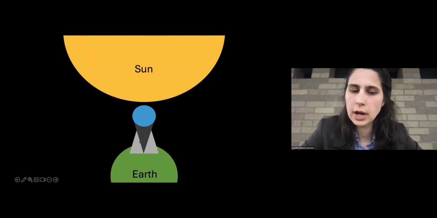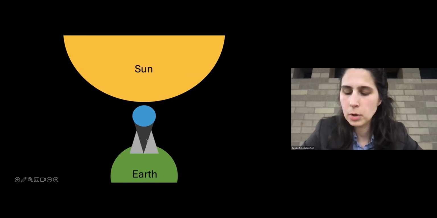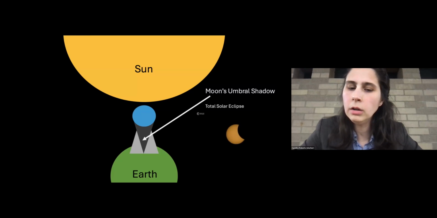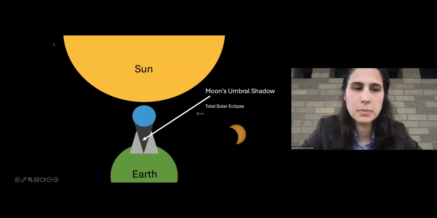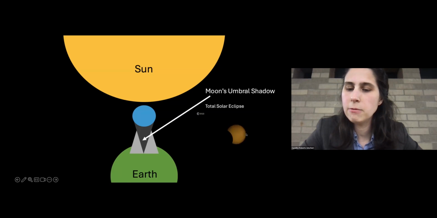the moon casts a shadow with this dark umbra and this dimmer but still shadowed penumbra. If on Earth you happen to be in the umbral shadow, in the darkest portion of the moon's shadow, you will see a total solar eclipse. And so at first, you'll kind of see what partial solar eclipse people see, the moon moving in front of the sun.